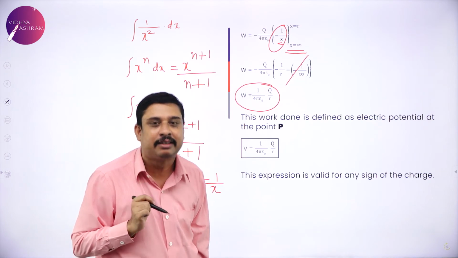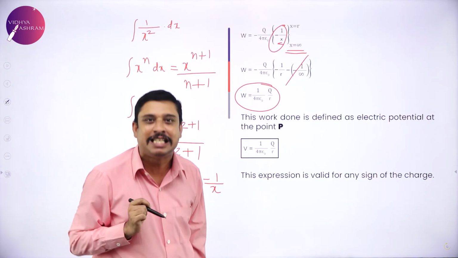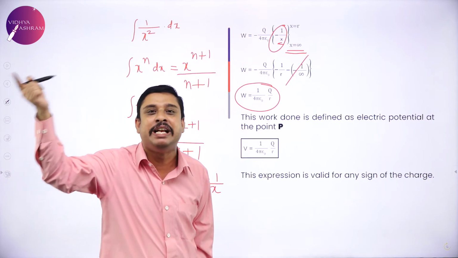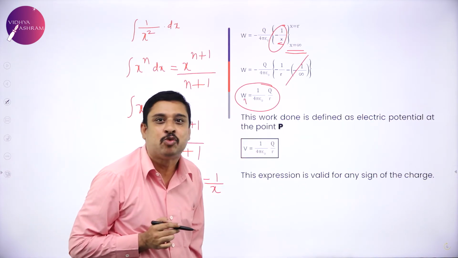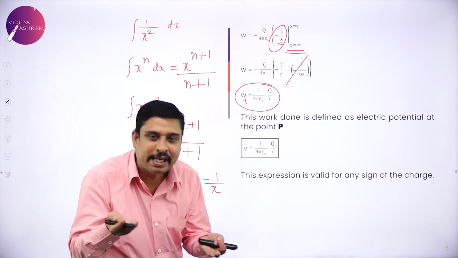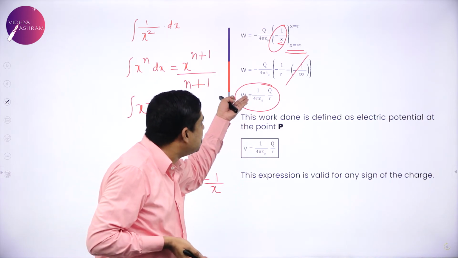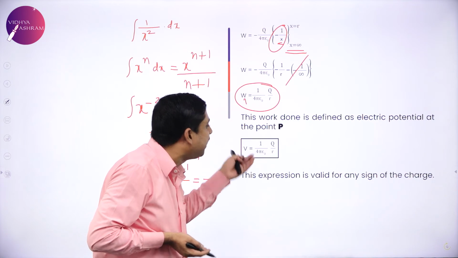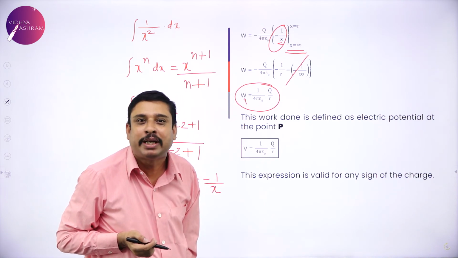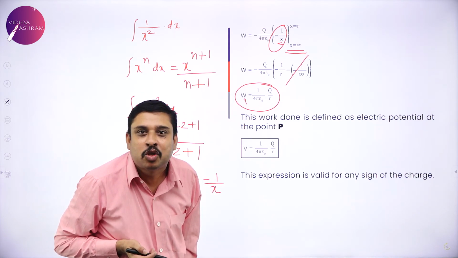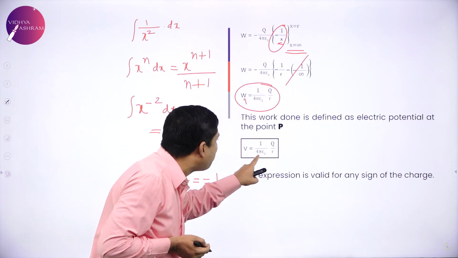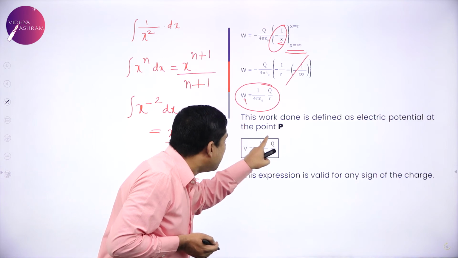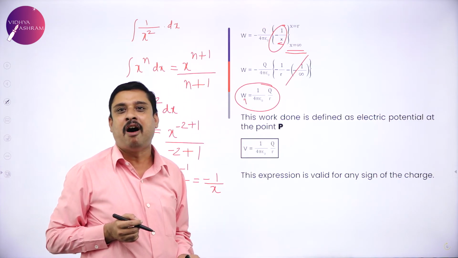Total work done to move the charge from infinity to the point P. And what did I call this work done as? Potential. This is what I have calculated as electric potential. So what is the potential at point P? 1 by 4 pi epsilon naught Q divided by R.